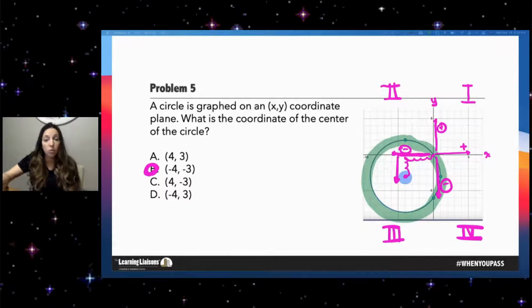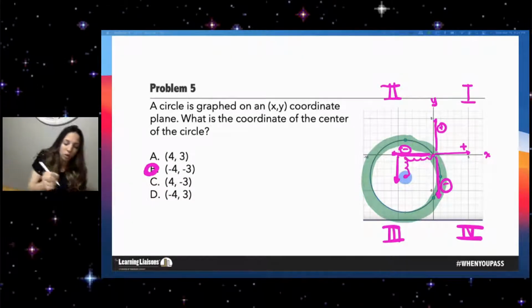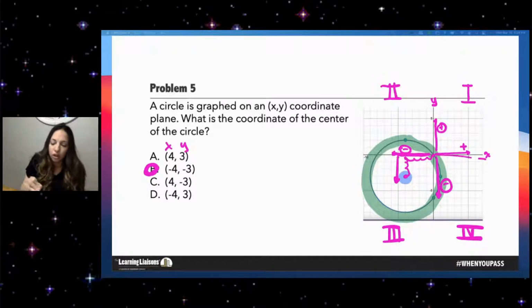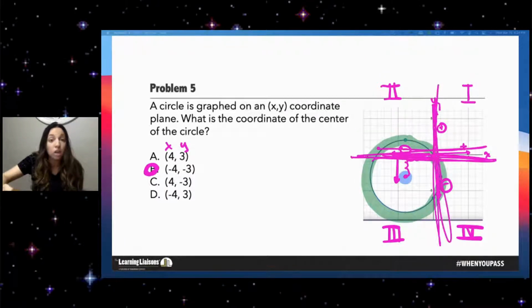But knowing which direction we're going on a coordinate plane is important. You're always going to start with your X and then do your Y. So I'm going to go right or left first, and then I'm going to go up or down. I have to get on the elevator before my elevator can go up or down.